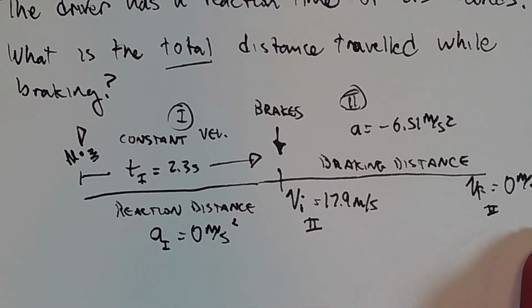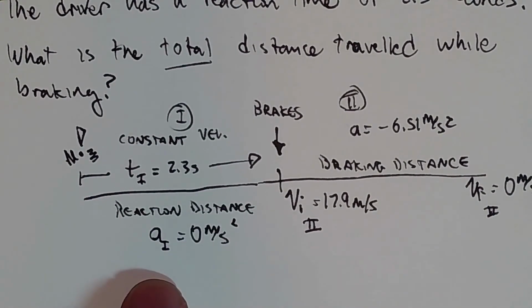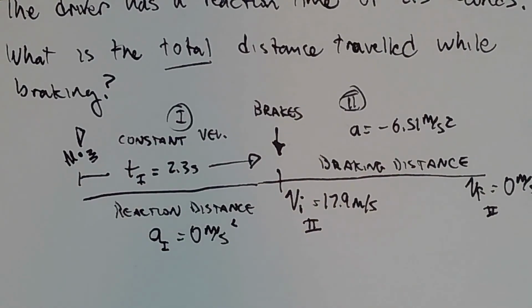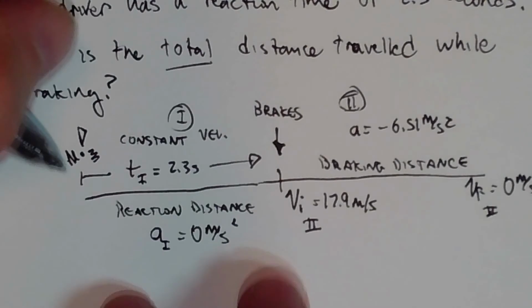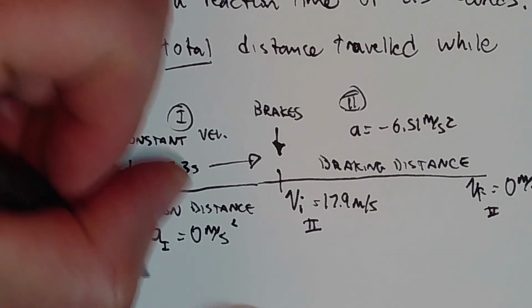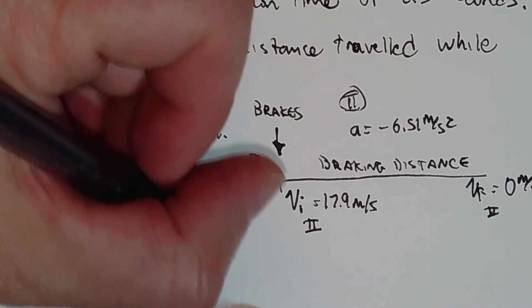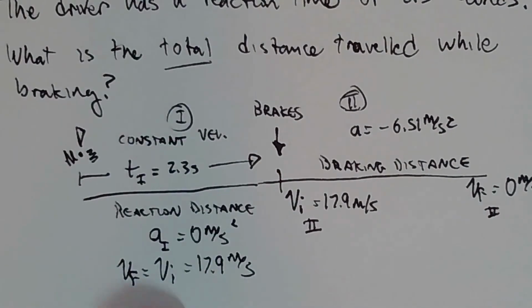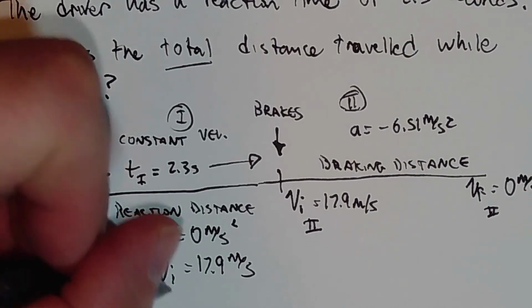And then you put on the brakes and then you stop. So during this whole time, your velocity doesn't change. So that means that VF equals VI equals 17.9 meters per second. Your speed's the same the whole time. Okay, and that's all. That's during phase one.